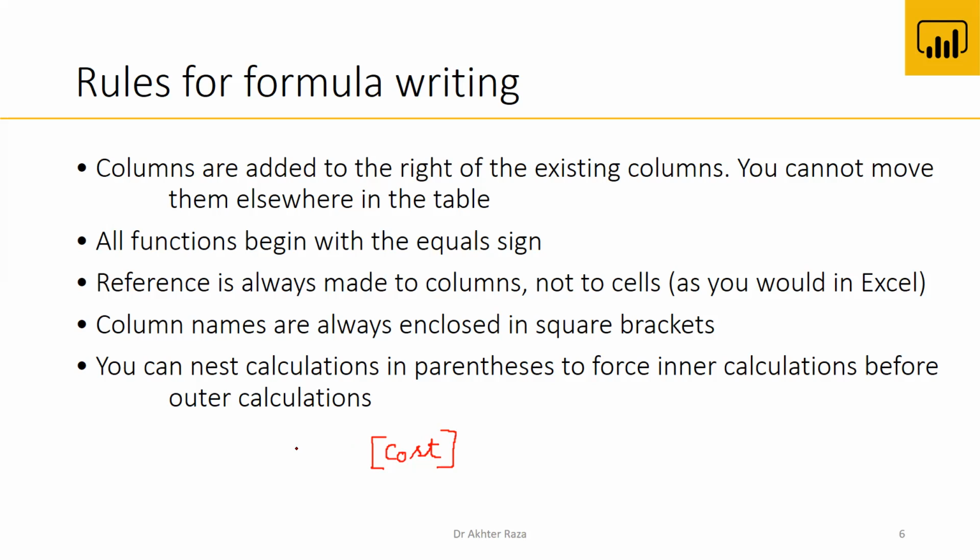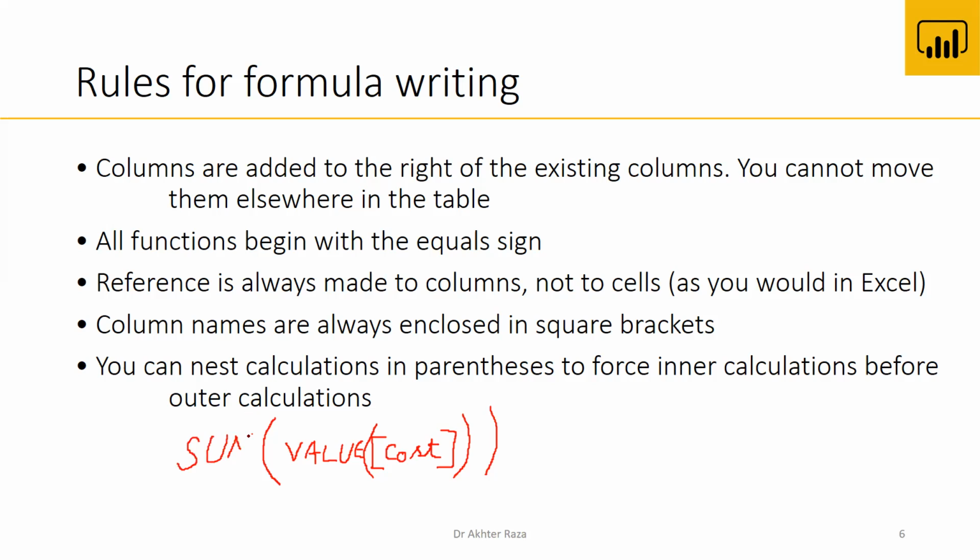So I have to convert this field by using the VALUE function. What does the VALUE function do? The VALUE function will convert this cost field into numbers. Then I have to sum all the cost values, so we have to use another function, that is the SUM function.